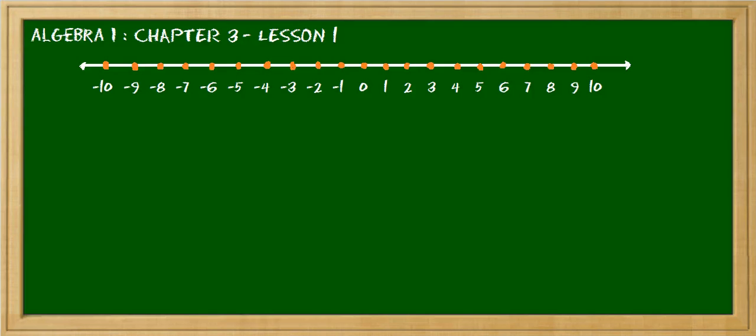Okay, let's repeat that. Although the symbols for plus and minus are used here, they do not mean to add or subtract. Instead, they indicate whether the temperature is above or below 0 on the Celsius scale and are read as positive and negative. And again, this is the Celsius scale.